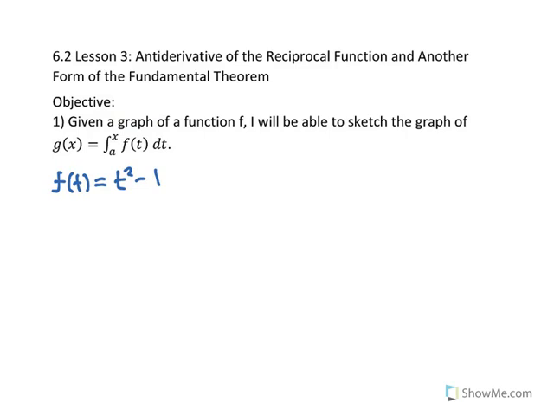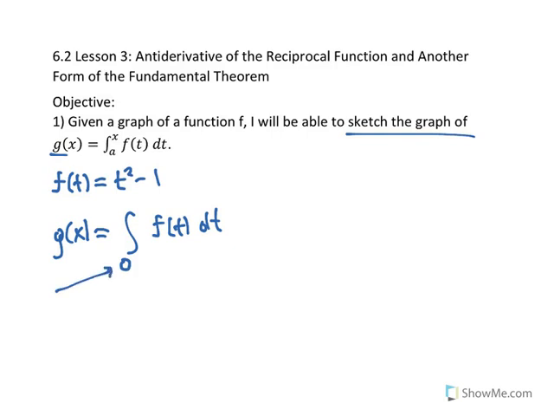And then from the graph of function f, you will be able to sketch the graph of function g, where g of x is equal to the definite integral of f of t with respect to t from t is equal to a to t is equal to x. So our function g would be g of x is equal to the definite integral of f of t dt from t is equal to, for our example, 0, but it could be some other constant like 1 or 2 or 3 or -1 or -2, etc. And then from 0 to x.